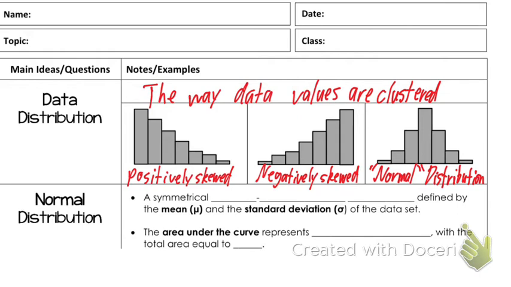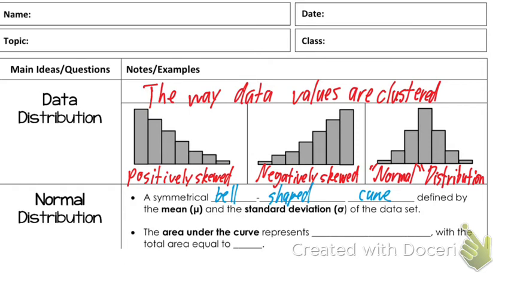It's called a symmetrical bell-shaped curve, defined by the mean and the standard deviation of the data set. That's what we call the normal distribution.